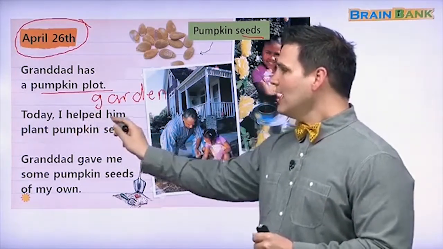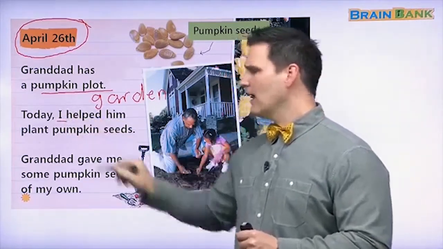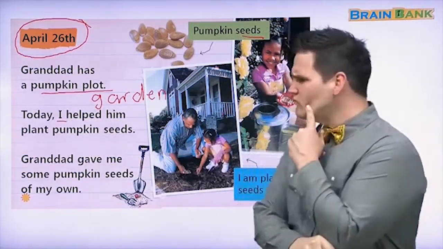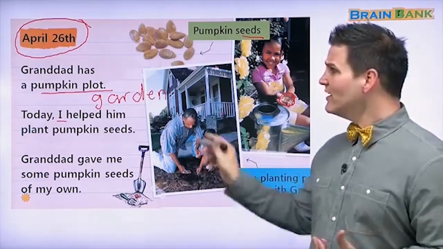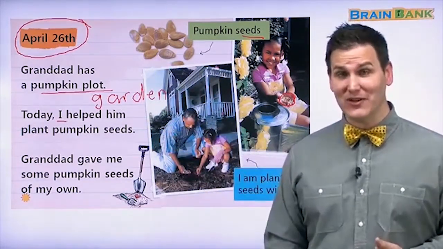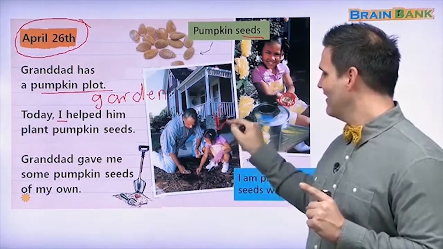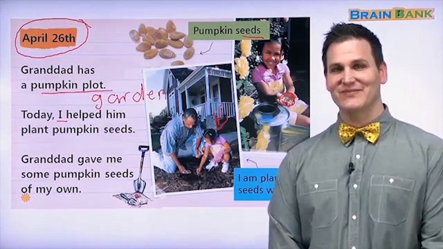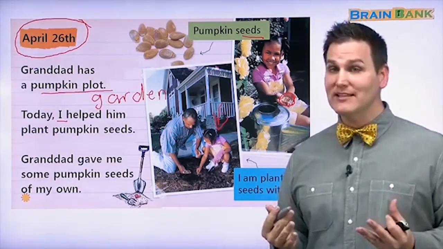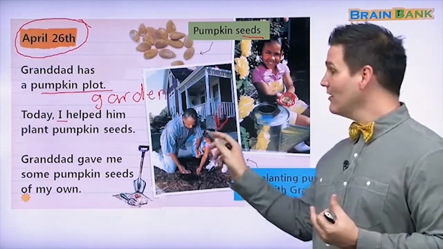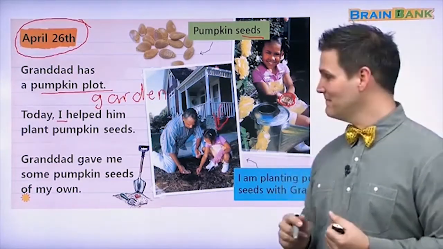Today, I helped him plant pumpkin seeds. Who is I? Who is writing this diary? The little girl. This is her diary about planting pumpkins with her granddad, her 할아버지.